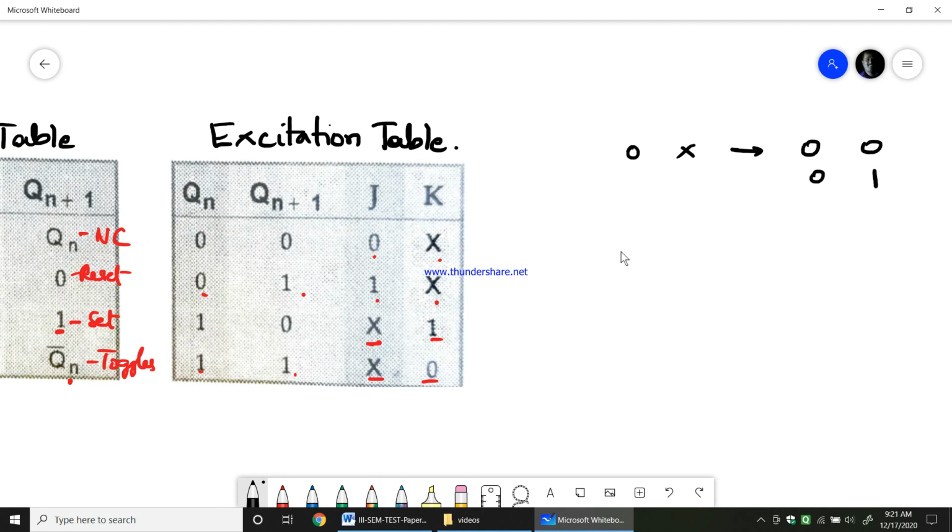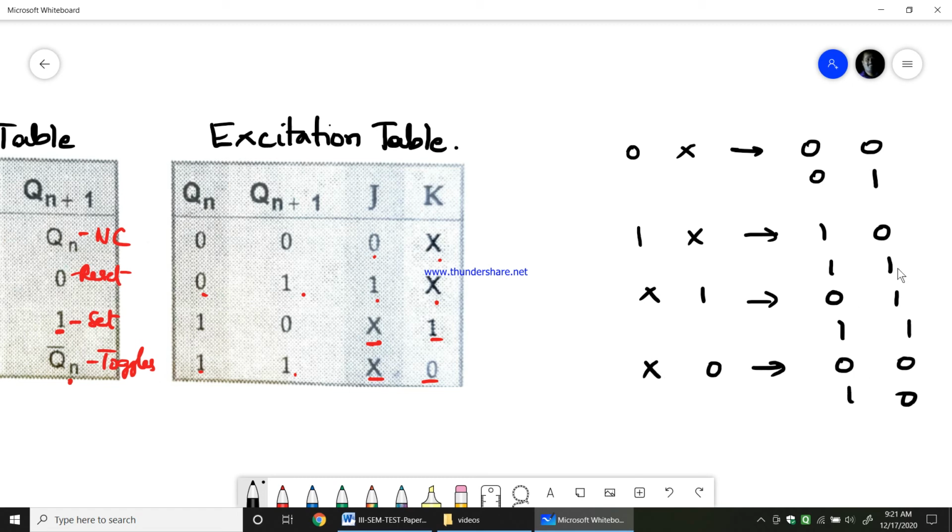Similarly 1x can take the value 1, 0 and 1, 1. Similarly x1 can take the value 0, 1 and 1, 1. x0 can take the value 0, 0 and 1, 0. So this is how you get 8 combinations when you take out the don't care. That is what we are doing in this particular excitation table.